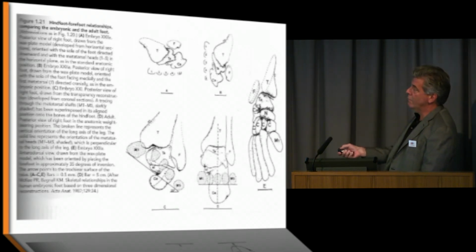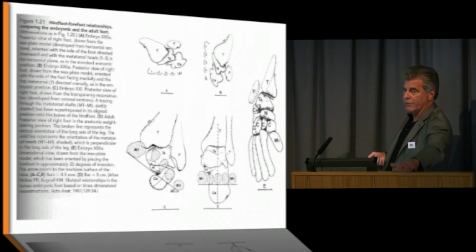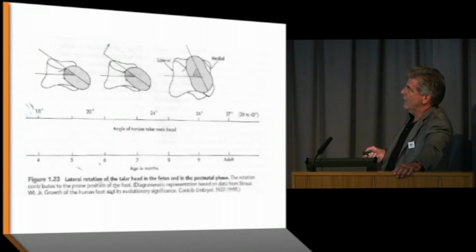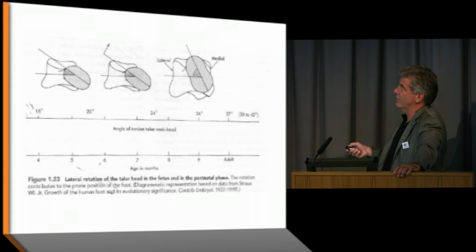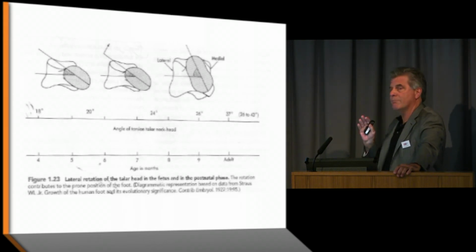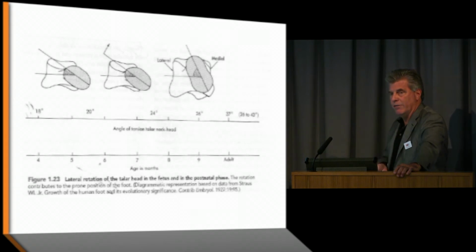The forefoot pronates, first ray drops down, and if everything works out great, we have a perpendicular forefoot to rear foot. Later in life, the first few years of life, the head and neck of the talus undergo even more torsion. And you've read about this. This is the torsion of the head and neck of the talus in the direction of pronating the forefoot on the rear foot, taking it out of supination.